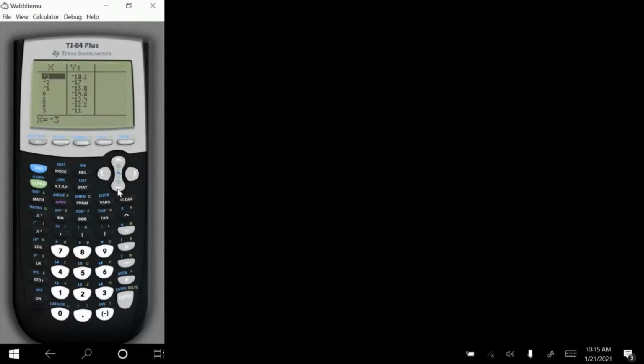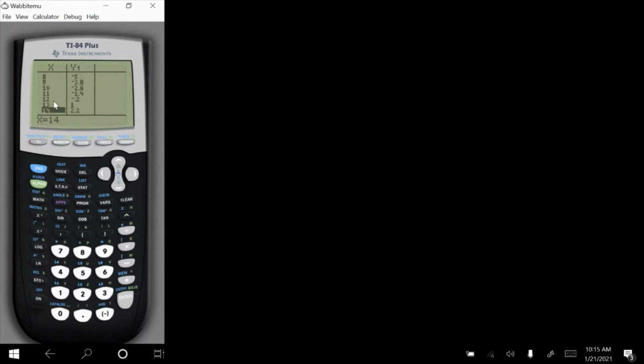Now, as for y max, I'm going to base this on the X-intercept. And the X-intercept will also help us base our X max as well. So what I'm going to do is show you that as you increase the value of x going into the positive, you'll see that there's a change in sign in the y values eventually.